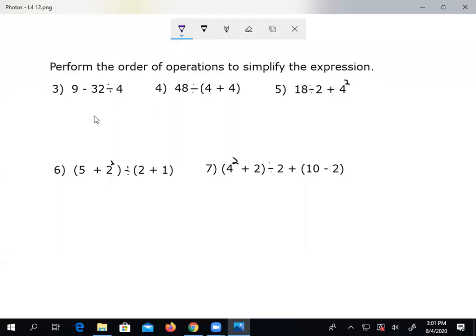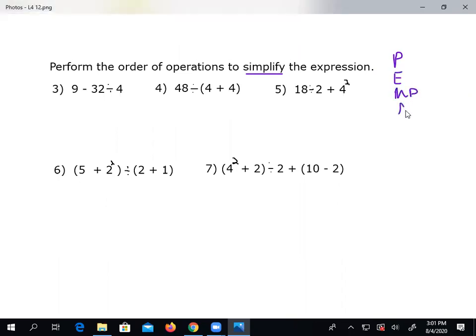As we continue with the order of operations, we're going to simplify the following expression. Notice how again there is subtraction and division. So in the problem I have to remember my order of operations. So please excuse my dear Aunt Sally.